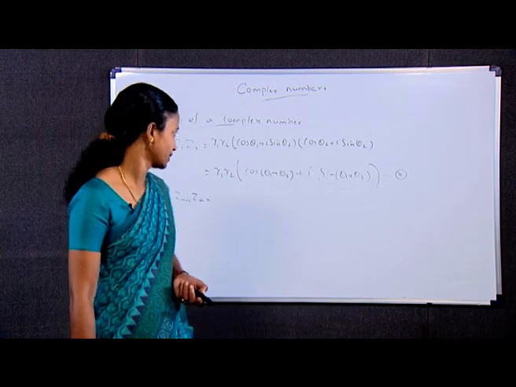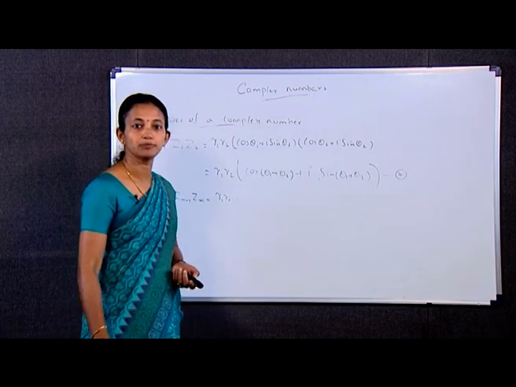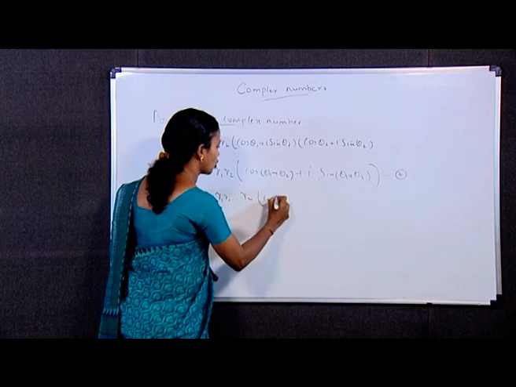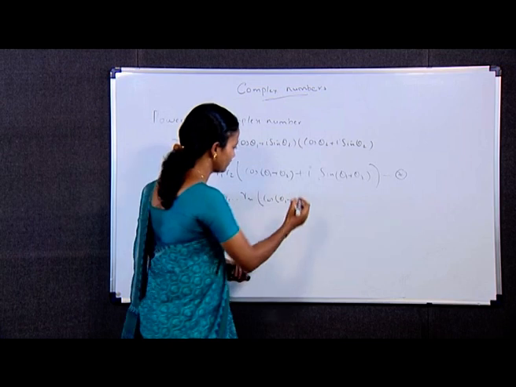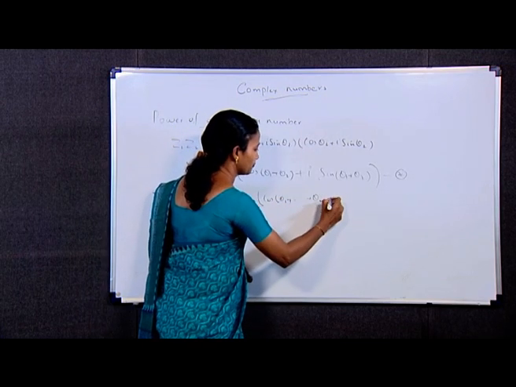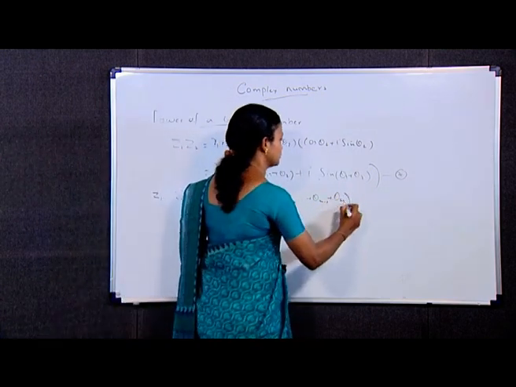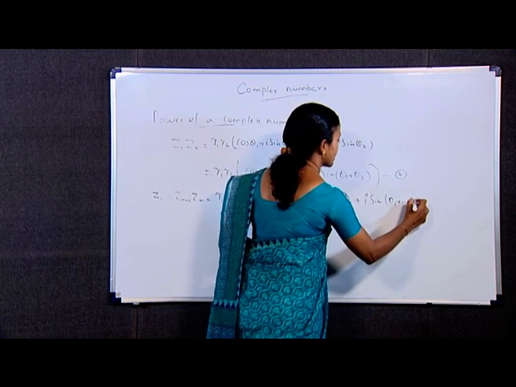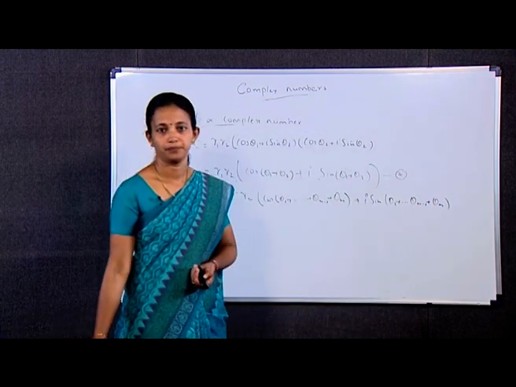So this is equal to r1 r2 etc. up to rm into (cos (theta 1 plus etc. plus theta m minus 1 plus theta m) plus i sin (theta 1 plus etc. plus theta m minus 1 plus theta m)).